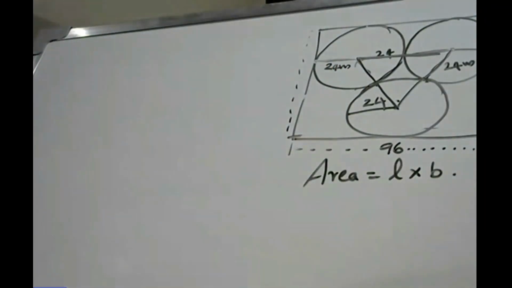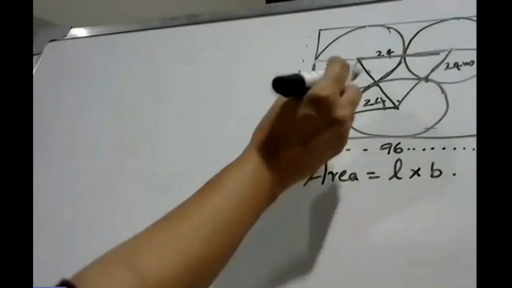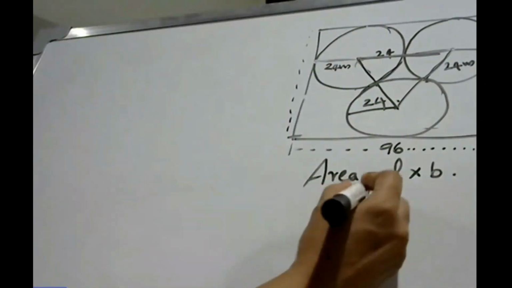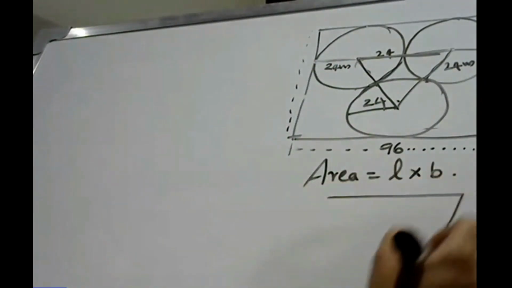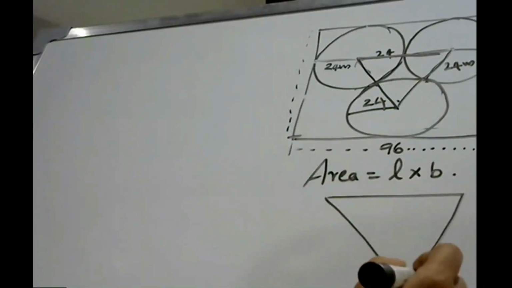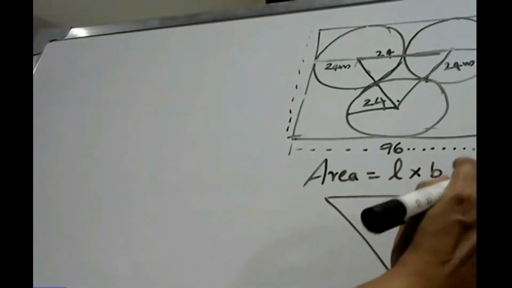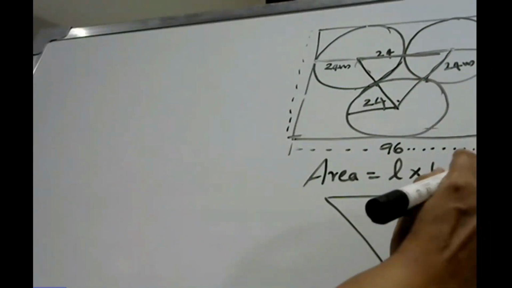If I join the centers, can you tell me what will be the length of each side? This is now a triangle, right? What will be the length of each side of this triangle?